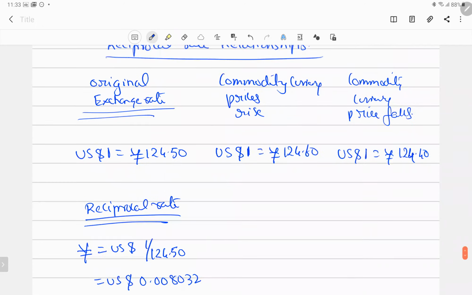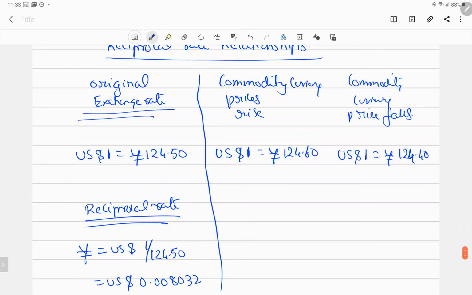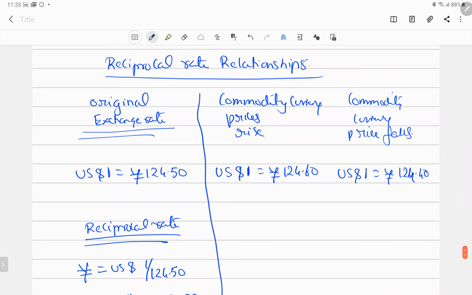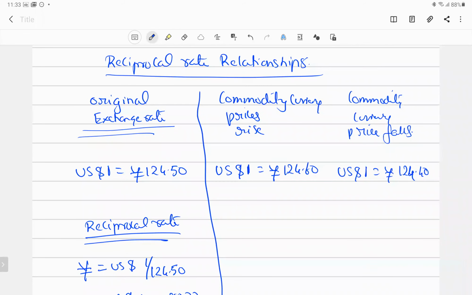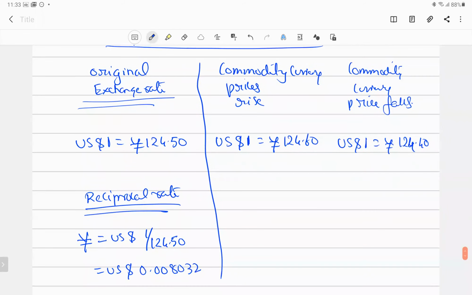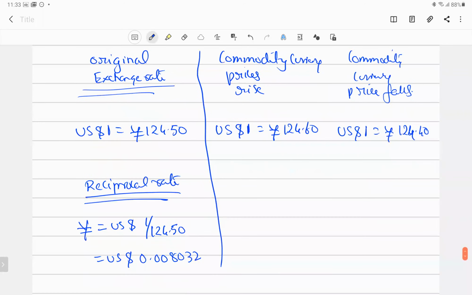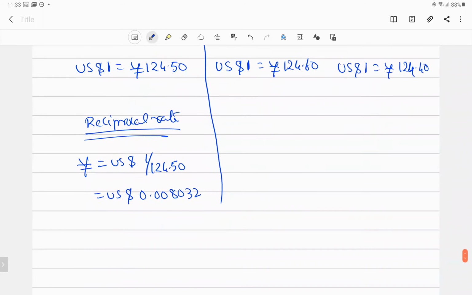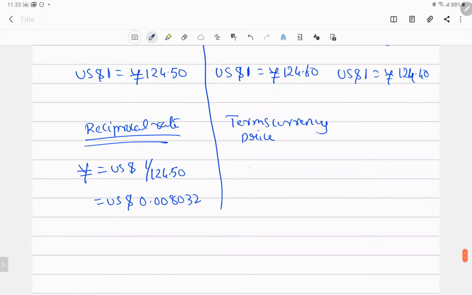Theoretically we have discussed that when there is an increase in commodity prices, there will be a fall in the term currency. We will check whether the theoretical part is okay or not. What is the yen over here?